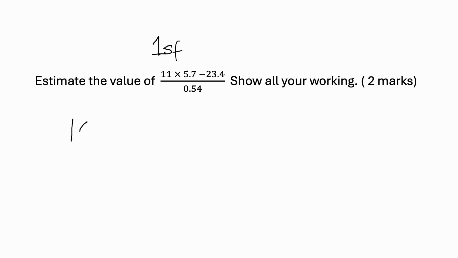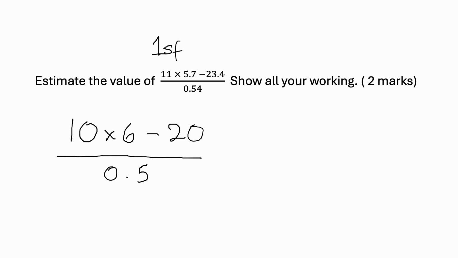So to 1 significant figure, we get 10. And 5.7 to 1 significant figure is 6. 23.4 to 1 significant figure is 20. And 0.54 to 1 significant figure is 0.5. Okay.